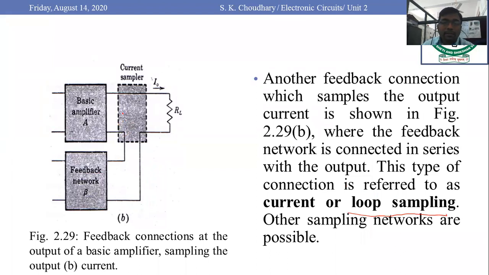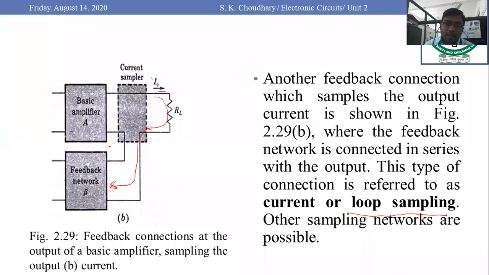So what happens here: the output of the amplifier is a current signal. This current signal flows through RL, and because of this loop connection, I0 is fed back through this loop towards the feedback network, and through this feedback network it becomes available to the input section of the amplifier.